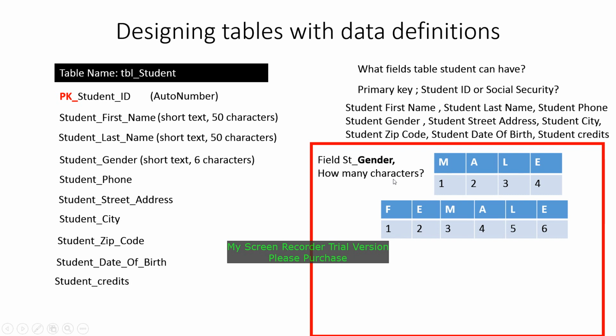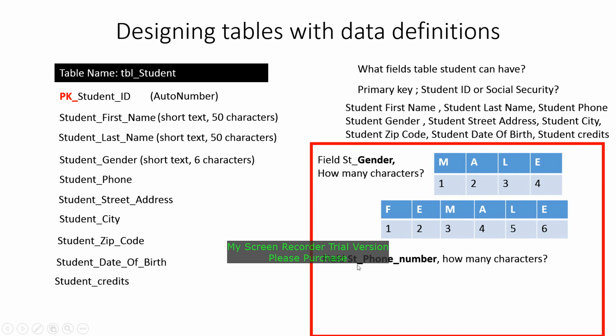So, if I enter 4 characters for male, I will never be able to enter female, because female has 6 characters, right? If we have 4 characters, we will enter FEMA, and then LE will not fit. So we have to select the maximum number of characters, which is 6 characters. So it's still short text, 6 characters.